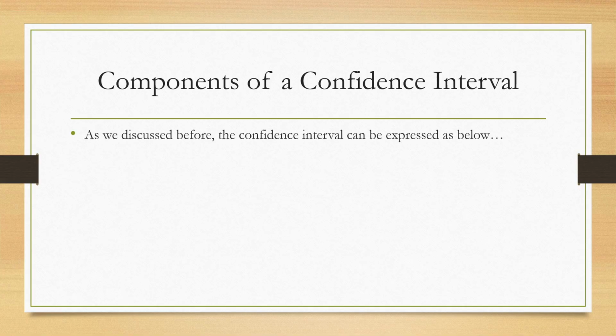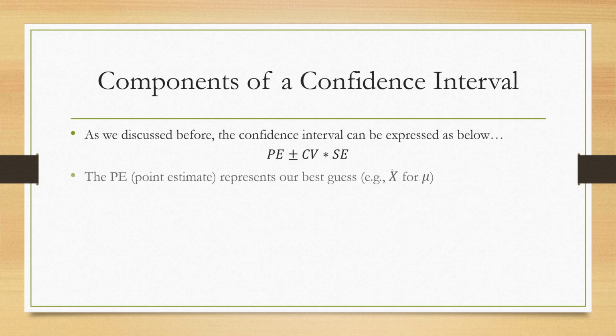The components of a confidence interval are the same as the components of a hypothesis test. And I think we actually wrote this out a couple of lecture videos ago, that we simply take the point estimate plus or minus the critical value times the standard error. So PE, the point estimate, as before, represents our best guess.